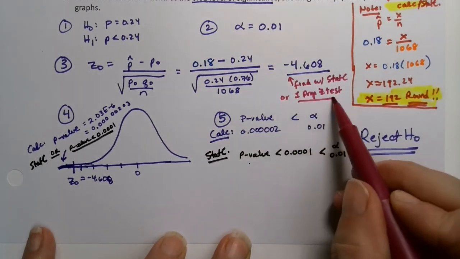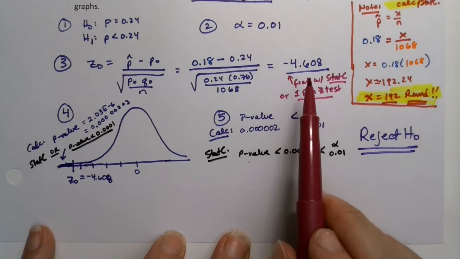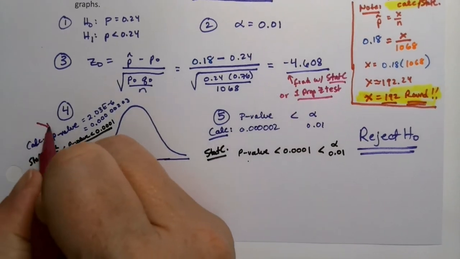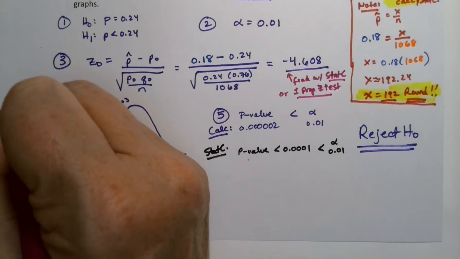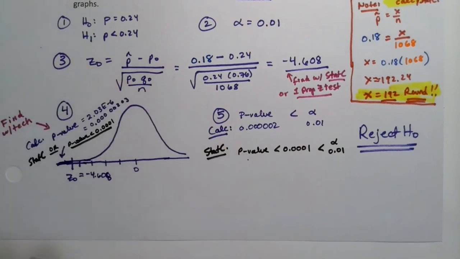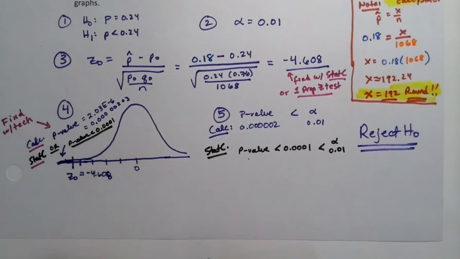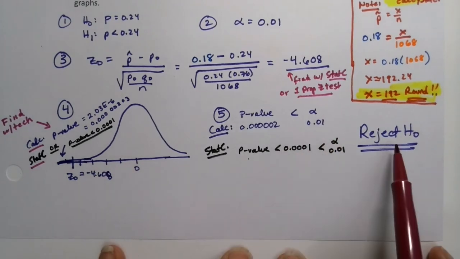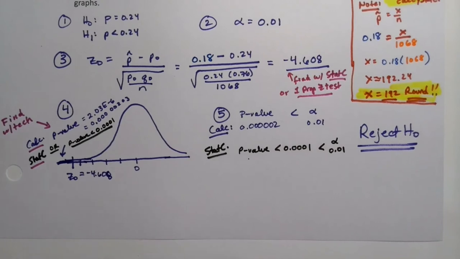Either one. Right? So you don't want to do that calculation by hand. Then you also find these p-values with StatCrunch or your calculator. So find with technology. You're not going to be able to find them on your own. You're going to have to find them with technology, either the calculator or StatCrunch. And then you make your decision over here. You rejected h0.